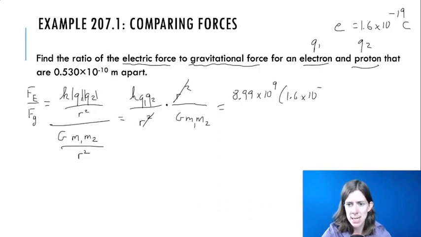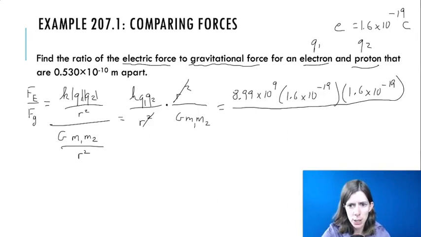1.6 times 10 to the negative 19, and then once again, because we have two charges, and then we are going to divide by big G here, 6.674 times 10 to the negative 11, and then the masses. So we need to know M1, the mass of the electron, and M2, the mass of the proton. So these are constants.